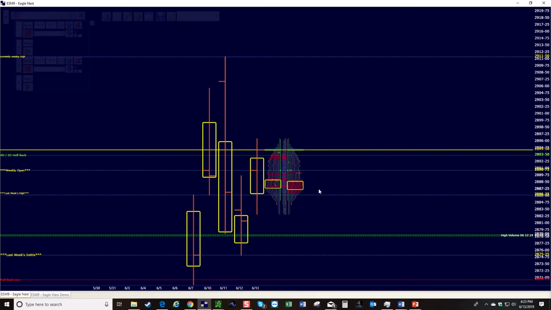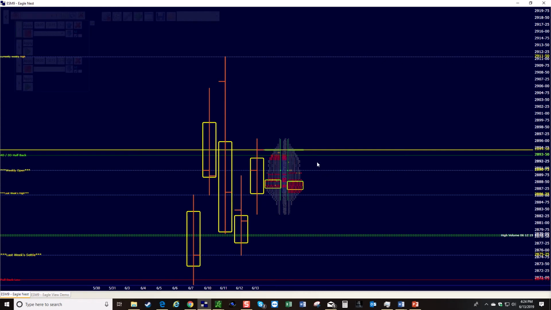How I monitor this trade, I have a 4-day, 3-day half back. One, two, three, four. These are the 4 days. It's a 4-day balance area high, balance area low. Within the 4 days, there's a 3-day balance area. So I just found the half back mark, something I use just as a gauge to see how we are trading during the day.